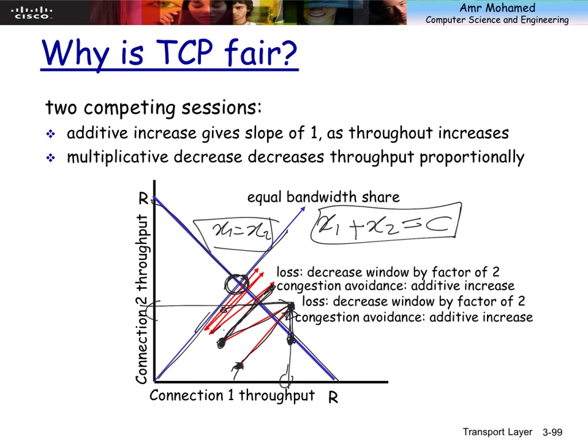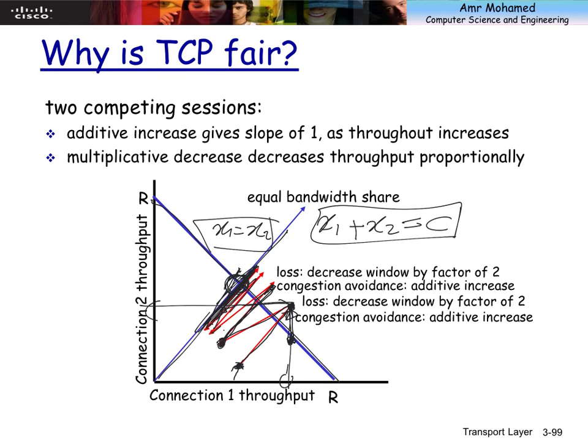So you will always be approaching that line, which means that you try to fill or increase the utilization of the channel in an equal manner, more or less. So even if you go beyond this line somehow, the packet drop will always make you come closer to this line, so that you can work on this line most of the time.